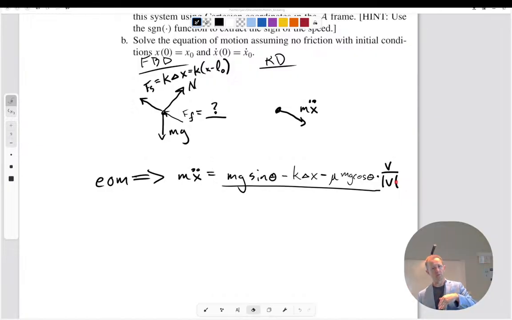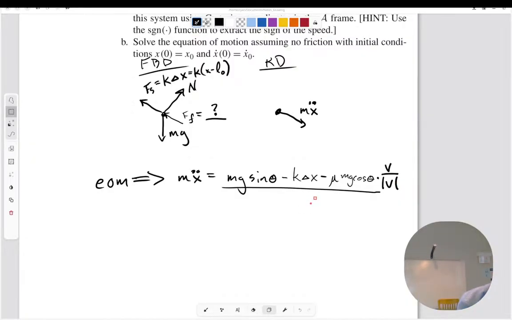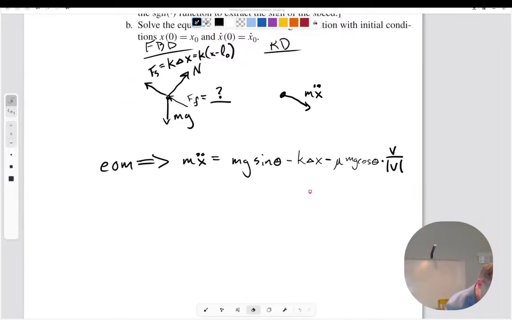So if we're moving forward, we have a negative force, and when we're moving backwards, we have a positive force. Cool. All right, that's our equation of motion.